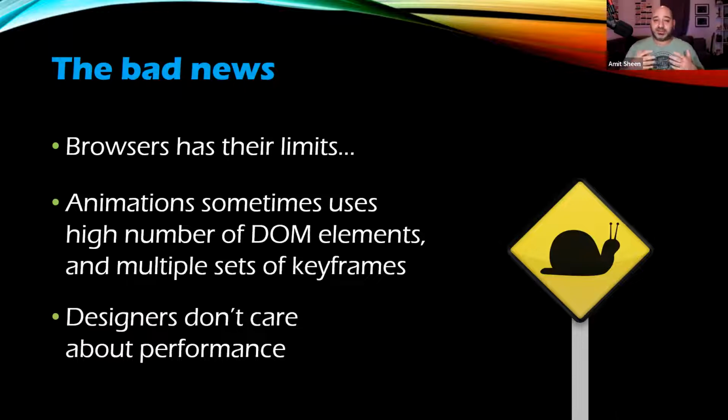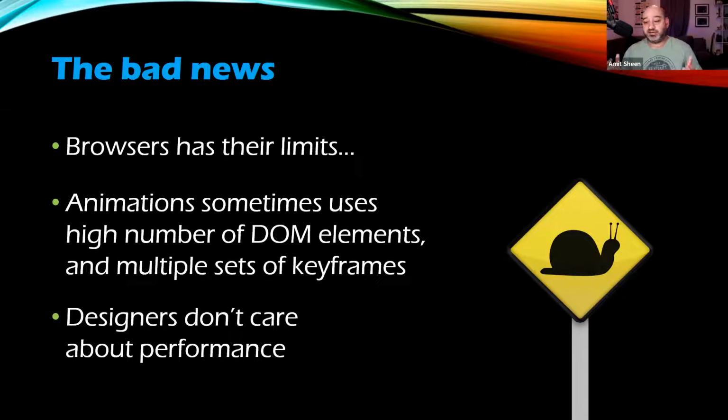Sometimes you get a design request from the designer, and designers do care about performance, but when they design things, they don't think about performance. They think about what they want to see. But it's your job as a developer to say, okay, but this is too heavy for the page because we have too many elements, so let's go a different way.